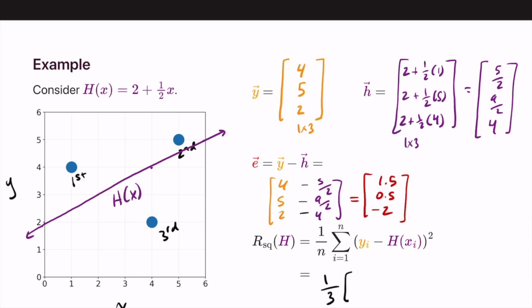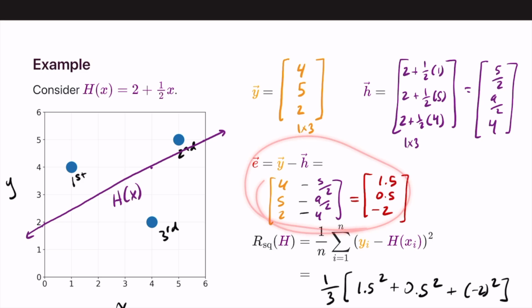And for each element, it will be 1.5 squared plus 0.5 squared plus negative 2 squared. Okay, so this is the connection between what we were doing before and this vectorized approach of describing the error.